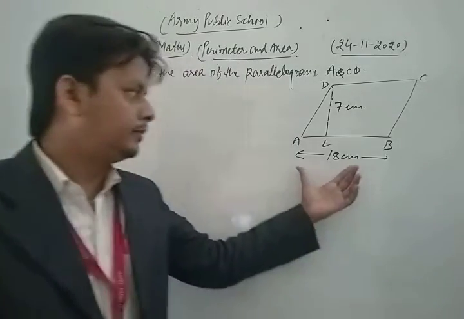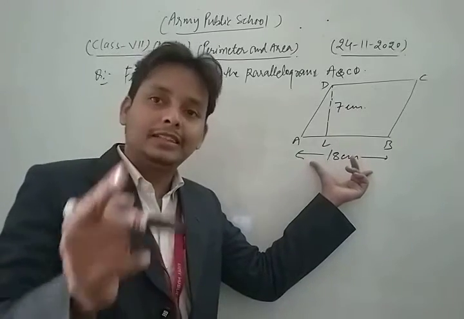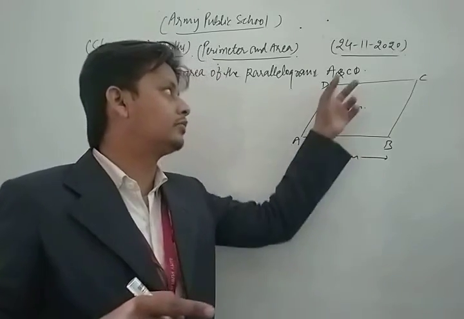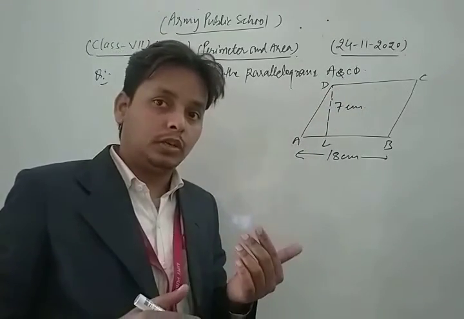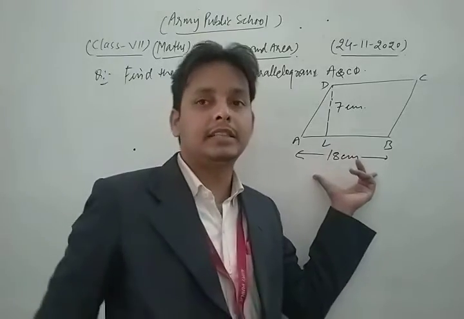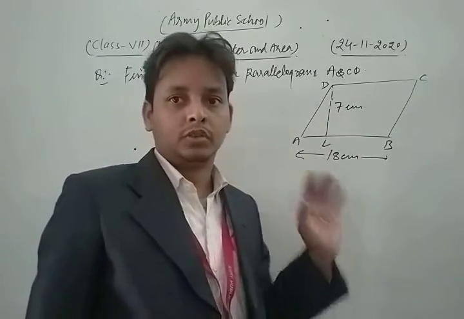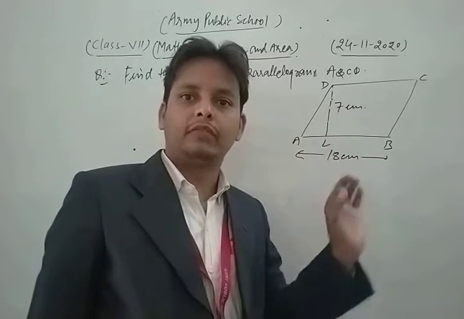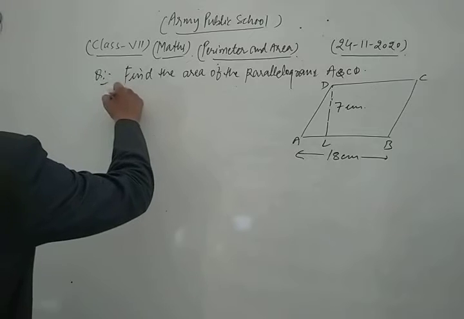So in that figure, dear students, AB is the required base and its corresponding altitude or height is DL. So in that figure we apply the formula base into height. Okay, now let's see its solution.